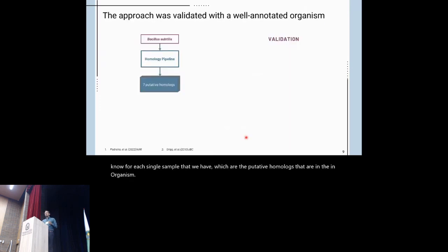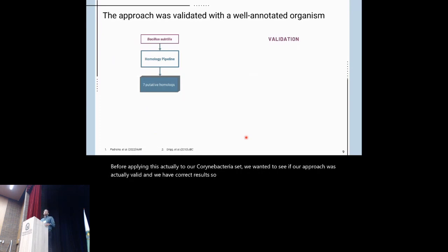Before applying this to our Corynebacteria set, we wanted to see if our approach was valid and gave correct results. So we applied this method to a well-annotated organism, in this case Bacillus subtilis, and we got 7 different putative homologs, as seen here.